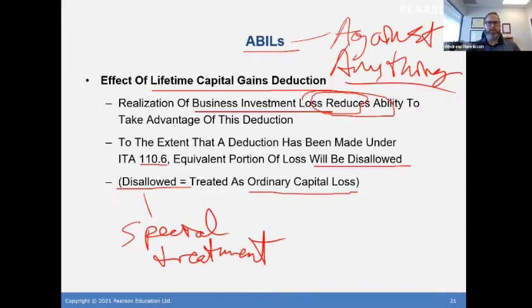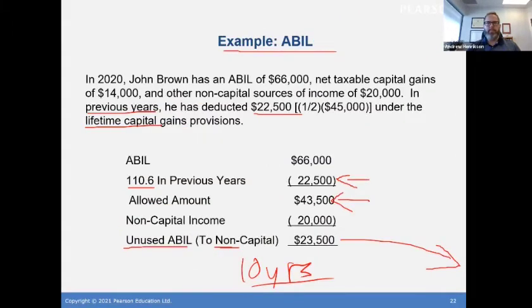So which slide was that on? Yeah, so the disallowed portion is treated as an ordinary capital loss. So this one is going to non-capital, and this one is going to capital loss.